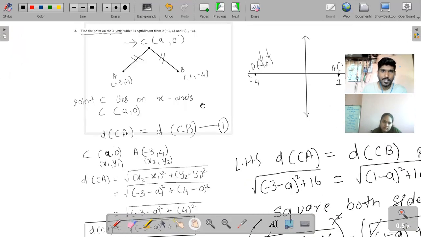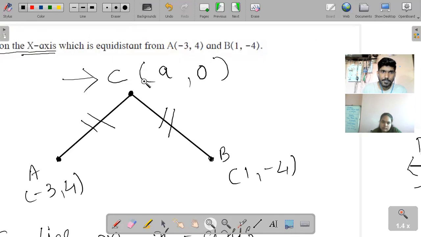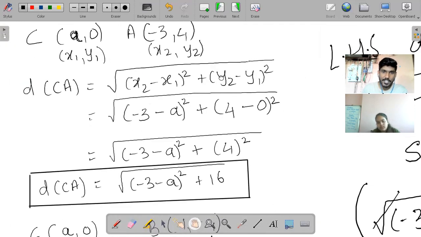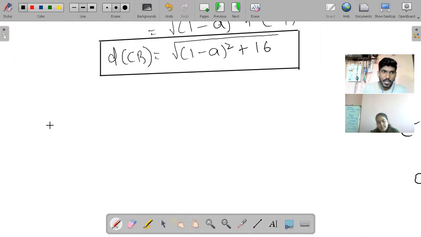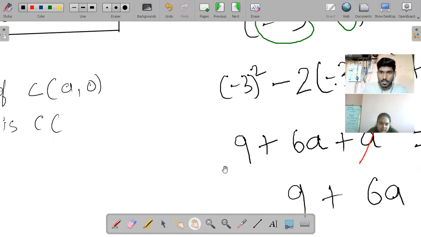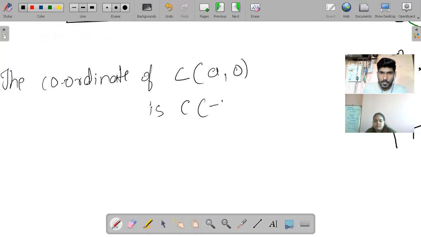If you see carefully, it was the x coordinate of C. So we can write the final answer: the coordinate of point C, that was a comma 0, is minus 1 comma 0. That lies on the x-axis.